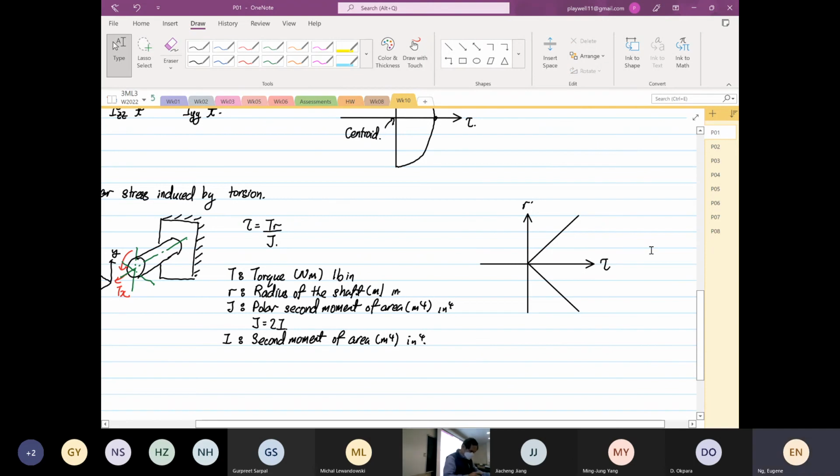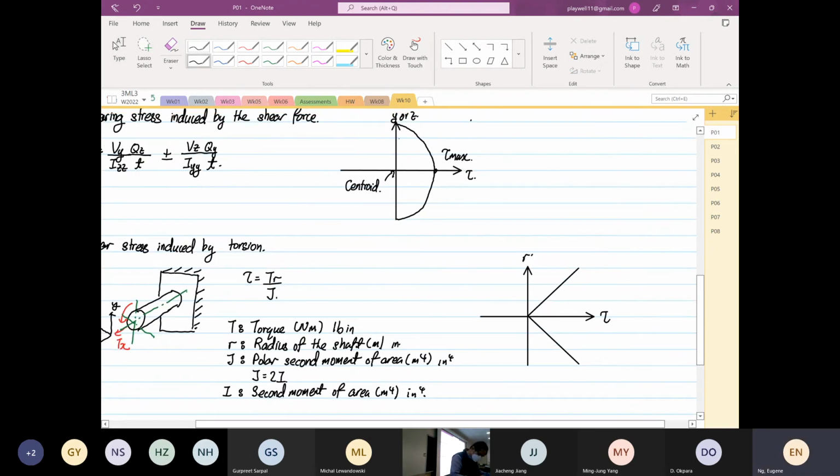This is how the shear stress is distributed if I draw the one on top. So tau max is furthest away from the centroid.